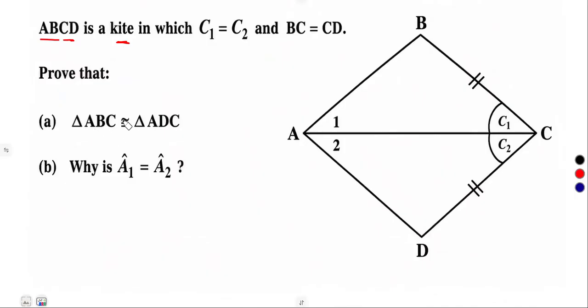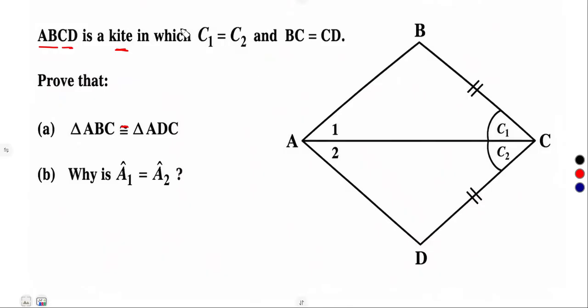Same concept, ABC is congruent to ADC. But what we are given in our case is the angles, in which angle C1 is equal to angle C2. These two angles, C1 and C2, are equal.